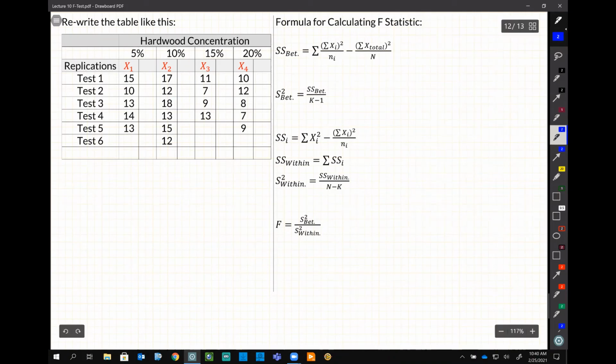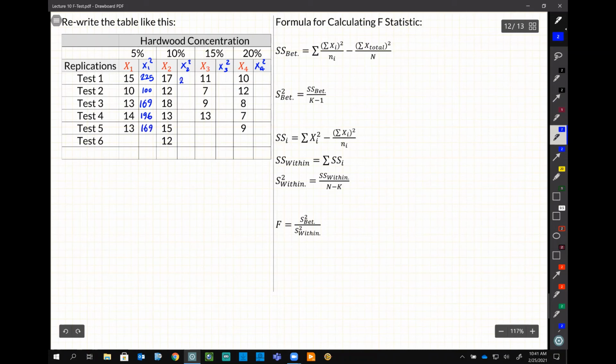You write your table like this, and you open another column. In column 2, you simply calculate the square of each. So this is just simply the square. Let's quickly calculate the squares. So 225, it's good to check your math. So it is 100, 169, and please correct me if I'm wrong, 196 and 169.